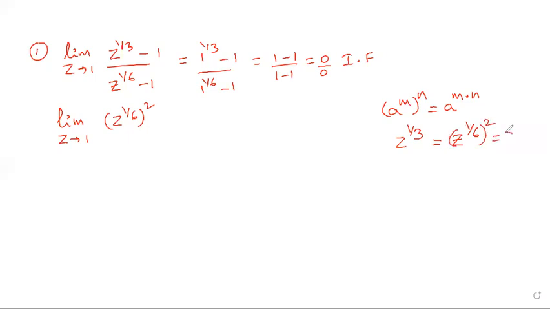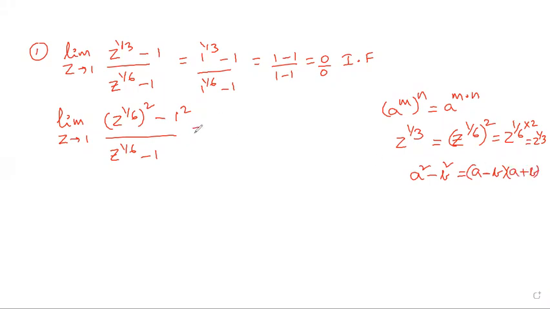That is z^(1/6 times 2), and the 2 and 6 cancel, giving z^(1/3) only. So the numerator is (z^(1/6))^2 - 1^2, which is the formula a^2 - b^2 = (a - b)(a + b).